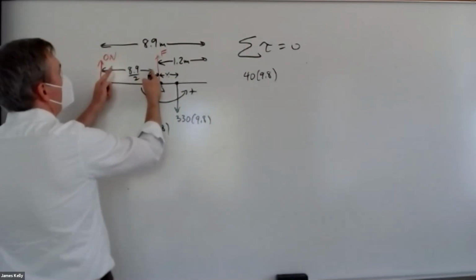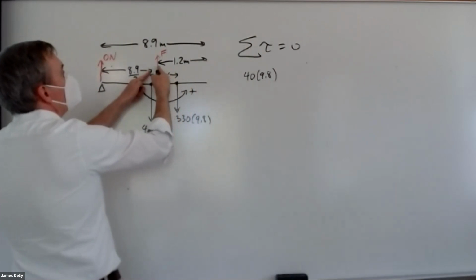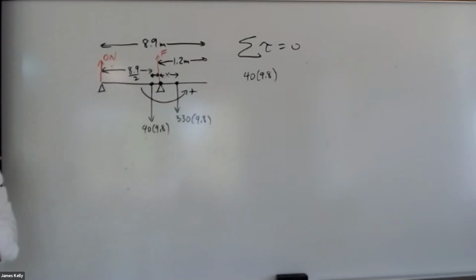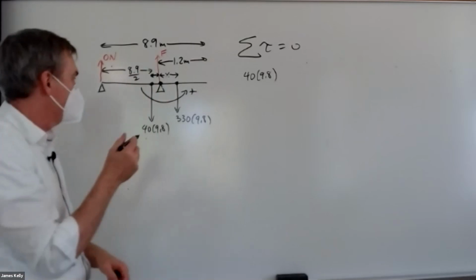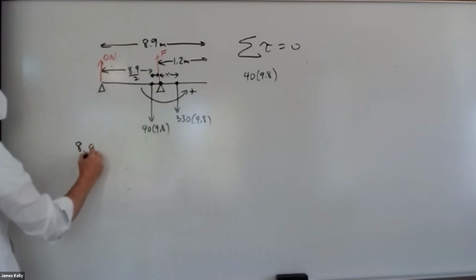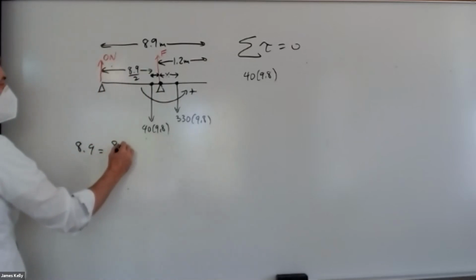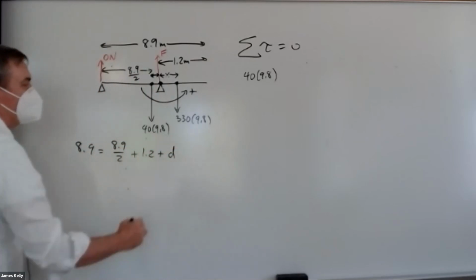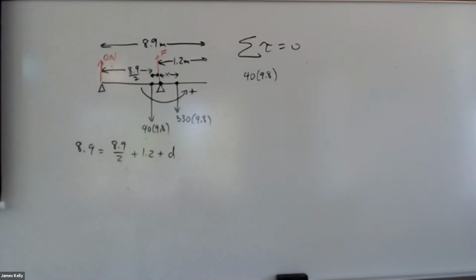Well, 8.9 over 2 plus 1.2 plus this little bit that I'm interested in there. So maybe I'll call that D or something like that. Let's do a little side calculation down here. 8.9 equals 8.9 over 2 plus 1.2 plus that D that's going to go in my moment arm, right?